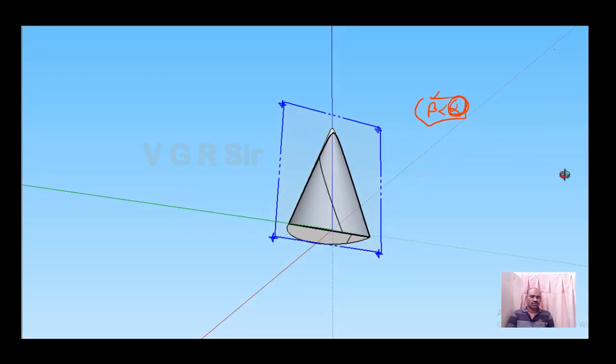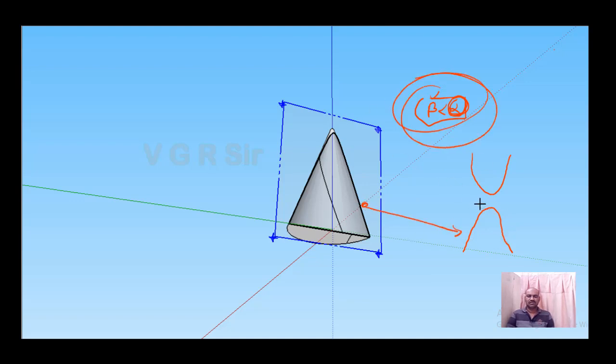Actually, hyperbola consists of two distinct parabolae. Actually, we want to take a double napped cone to explain hyperbola. The cross section made by a plane so that angle beta is less than alpha will generate a two-dimensional figure called hyperbola, the combination of two distinct parabolae.